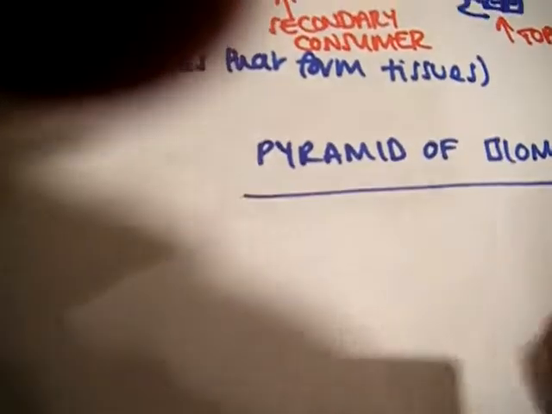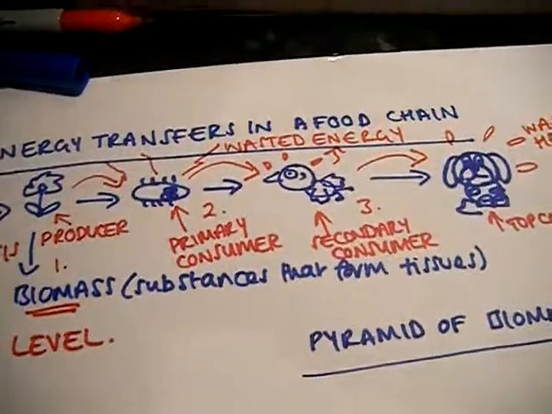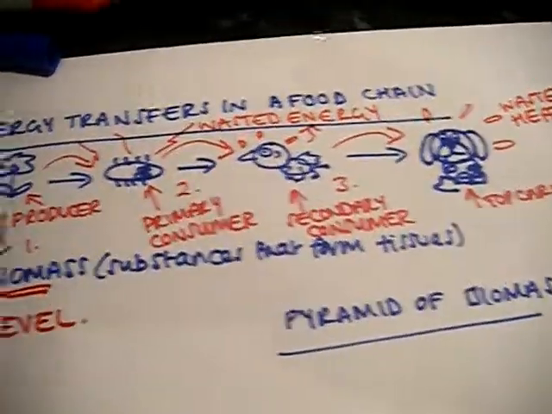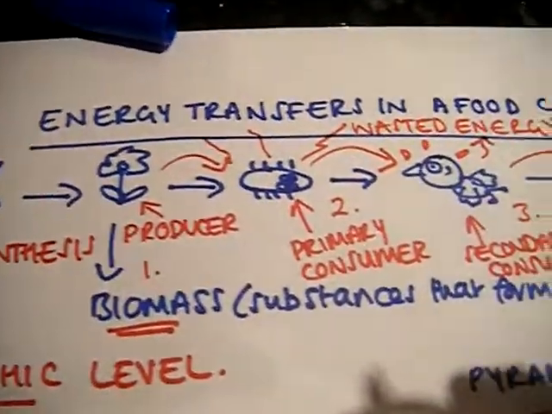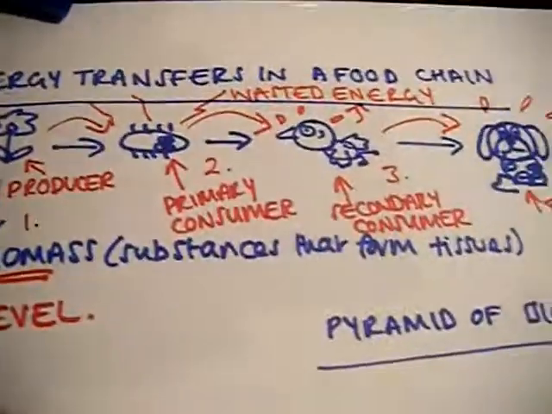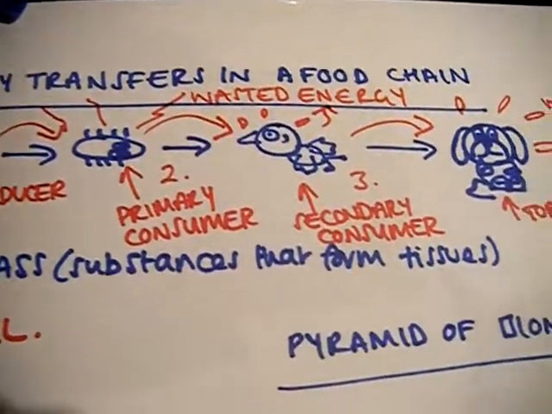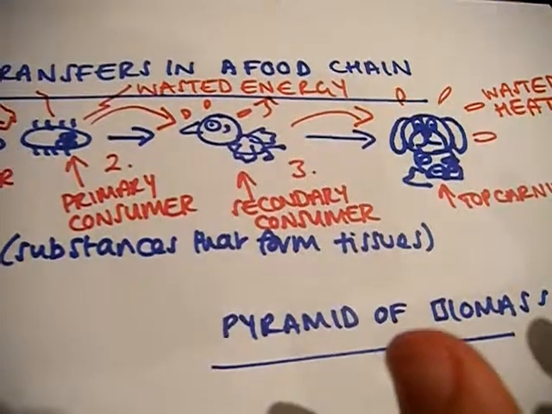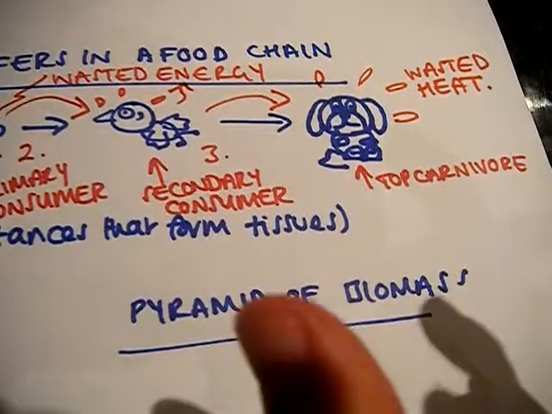What we would do is take the weight of the producer first, and I'd put that at the bottom. On a pyramid of biomass, the width of each bar in the pyramid is a measure of how much biomass there is at that level.